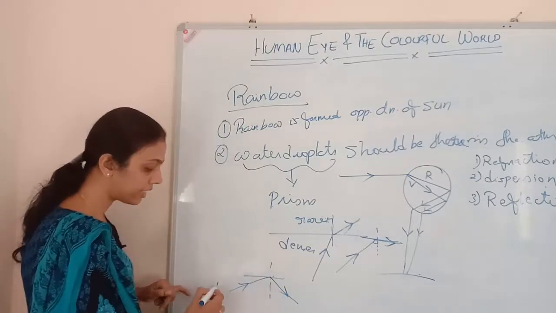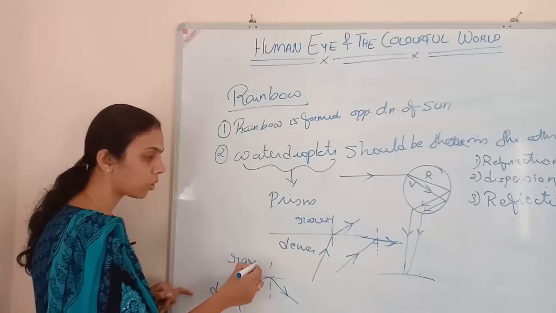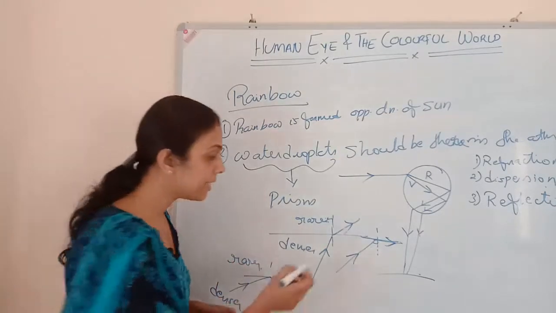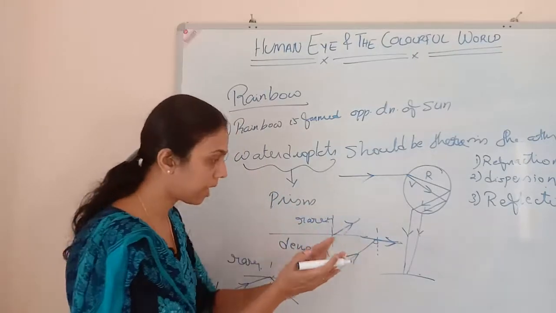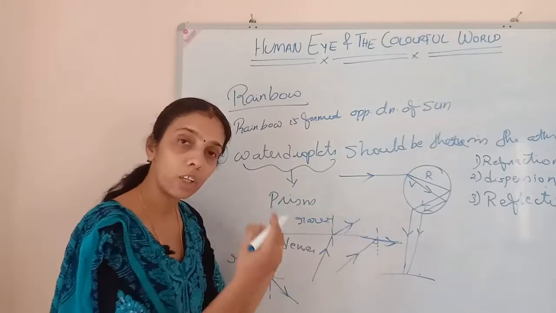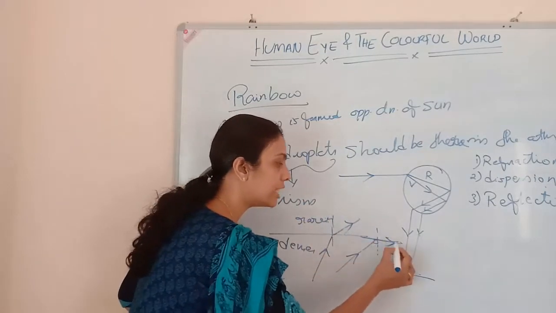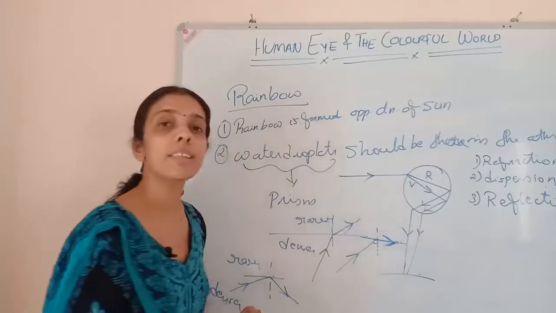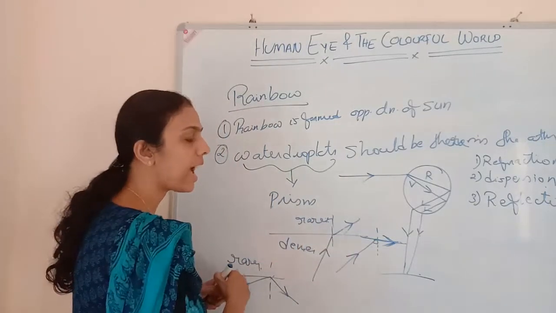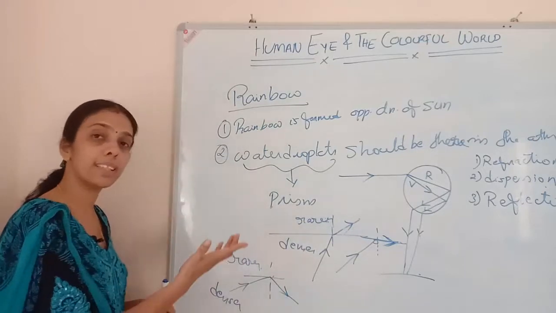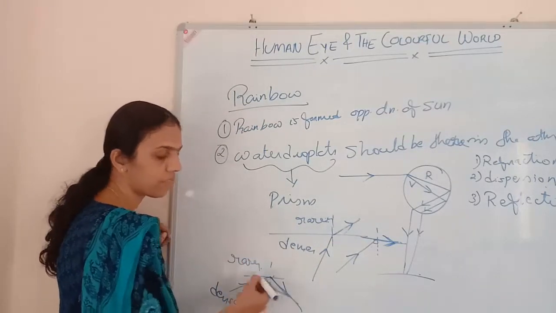Even if the light ray is passing from a denser to a rarer medium, it will move away from the normal. But if the angle of incidence increases, at a particular angle it will refract along the surface of separation. If we increase the angle of incidence more than that, instead of refraction it will reflect like this.